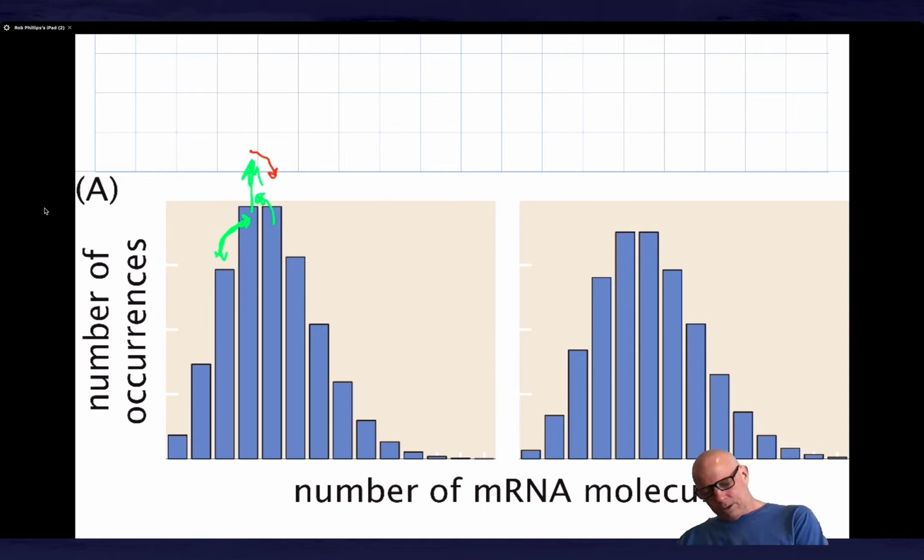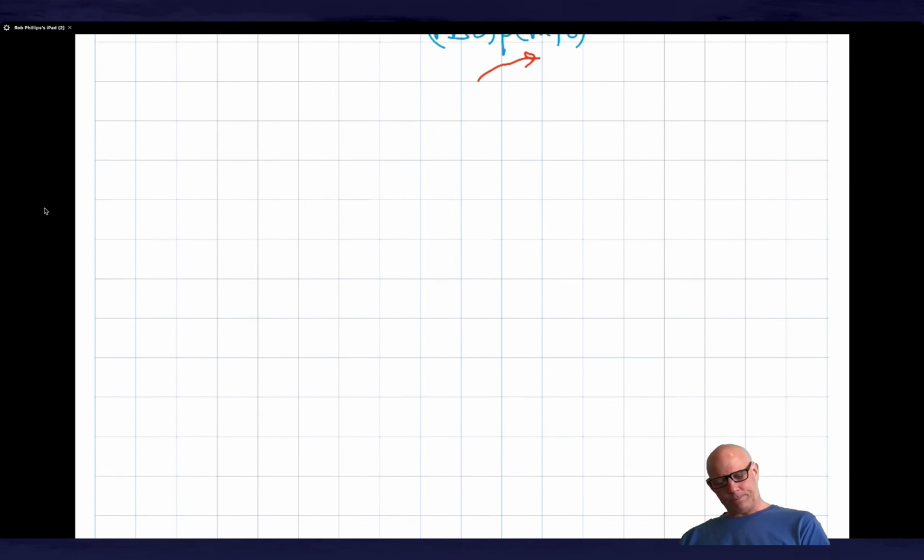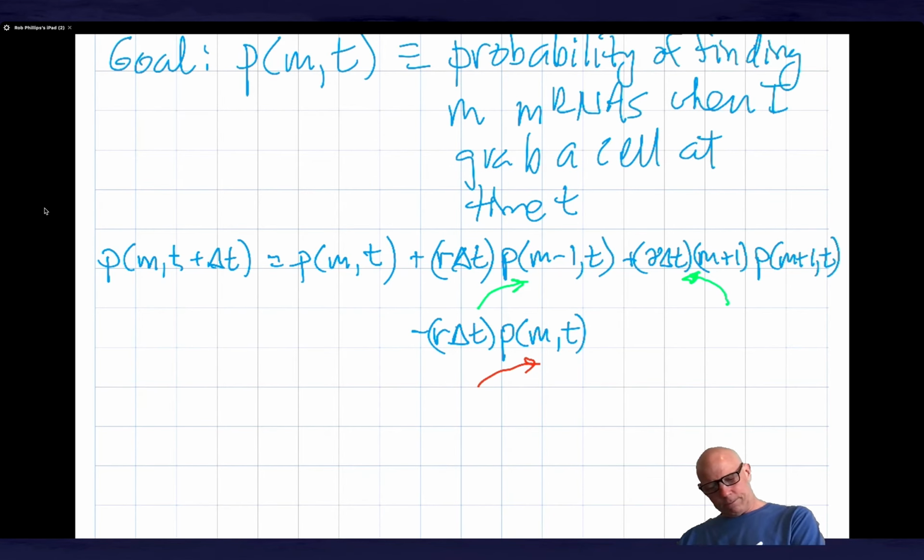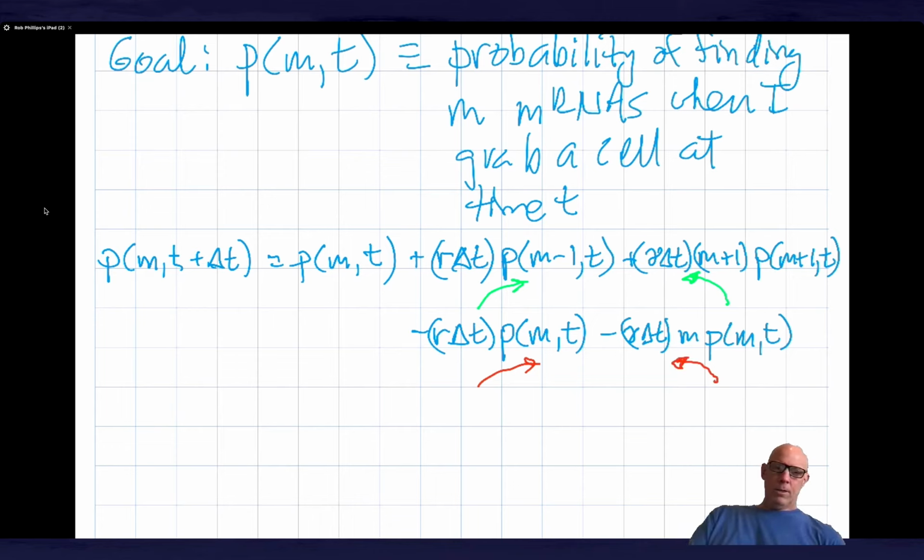And then the last one, you can already guess, is going to be minus gamma delta t, and then m times P of m and t. And that's this arrow. So those are the 4 ways in which I can change the height of the skyscraper at position m. That's it.